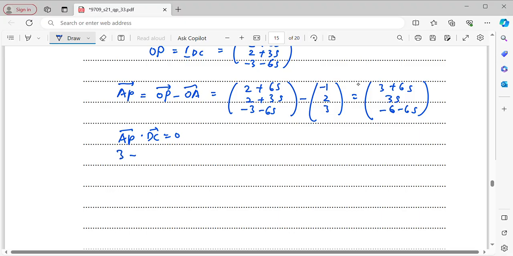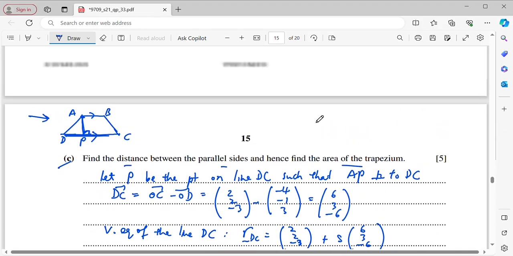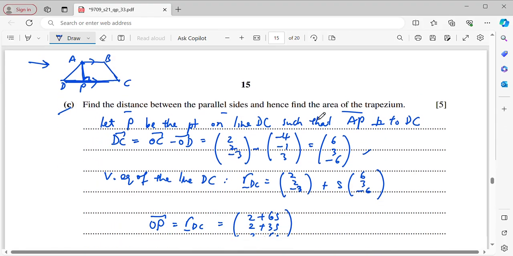So I will get 3 plus 6s, 3s, minus 6s, dot DC, already found just now, 6, 3 minus 6.